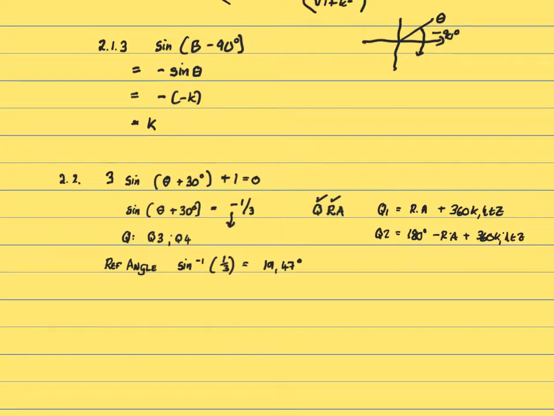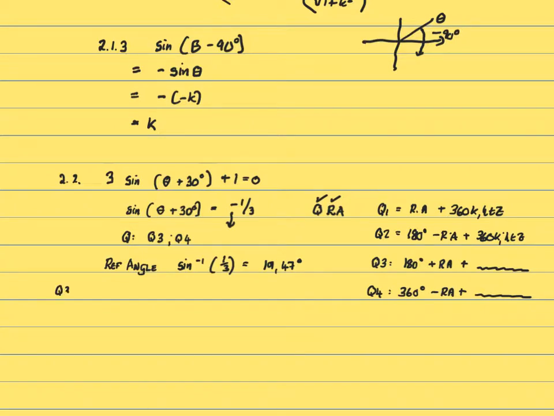Again, if it was tan, it would be 180. In quadrant 3, it's going to be 180 degrees plus my reference angle plus 360 degrees again. And in quadrant 4, it's going to be 360 degrees minus my reference angle plus 360 degrees, or 180 if it's tan. So here, I know I'm working in quadrant 3 and quadrant 4.